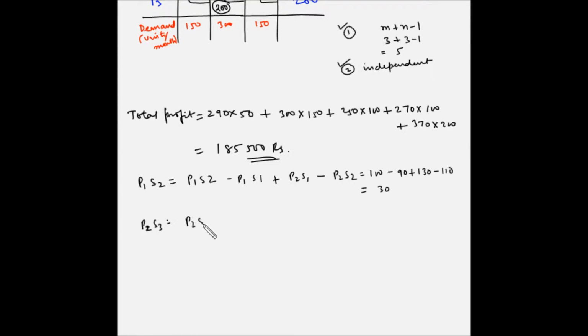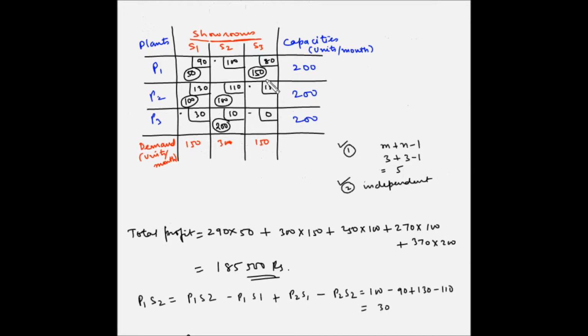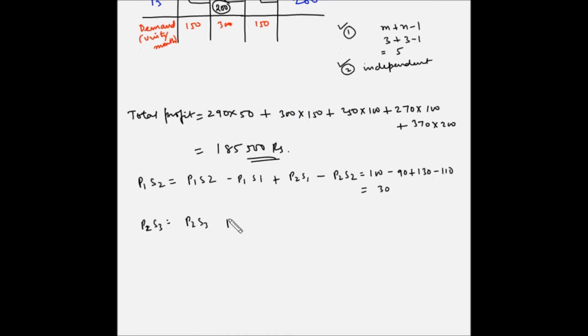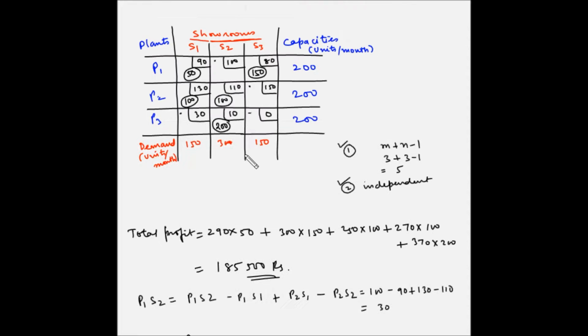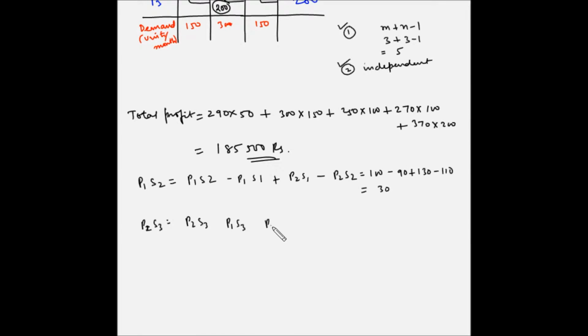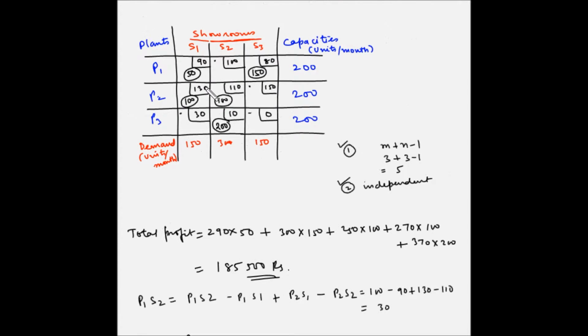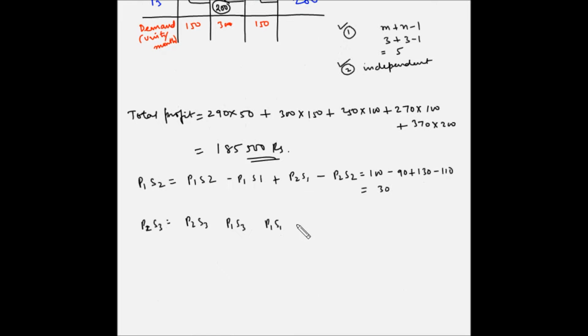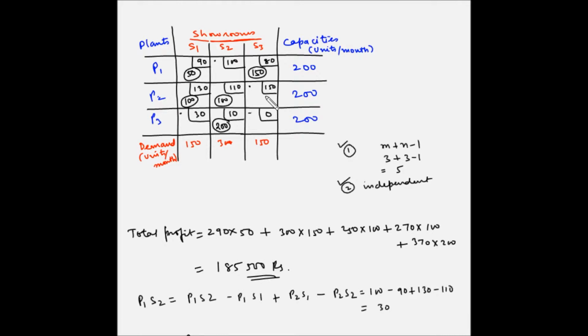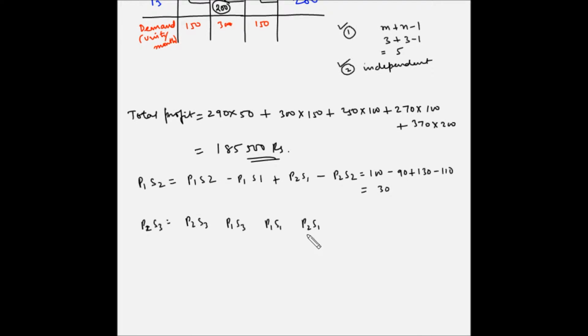So P2S3 to P1S3 to P1S1 to P2S1 and then back to P2S3.